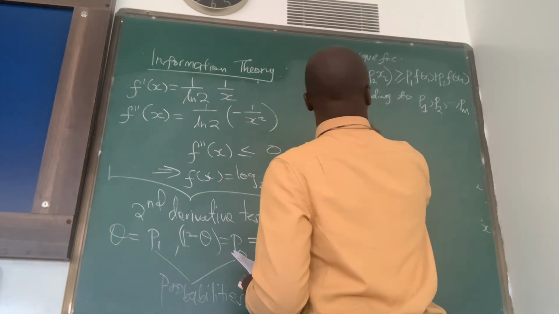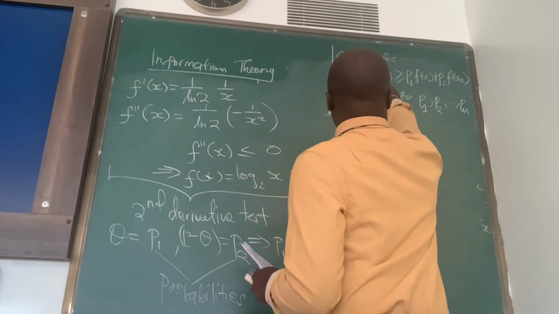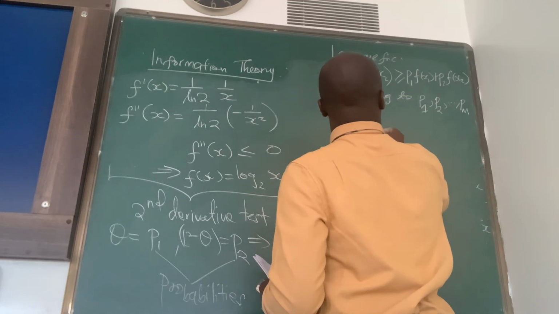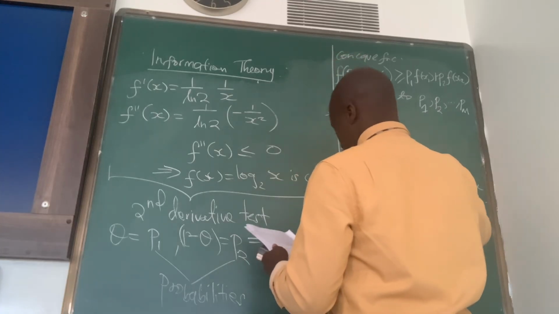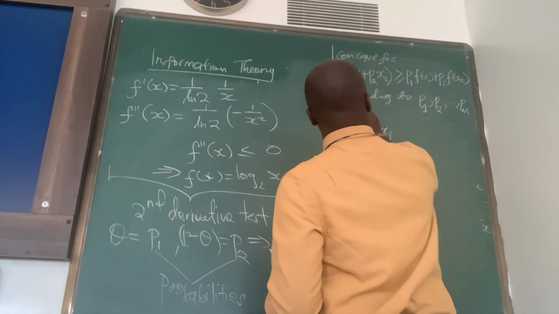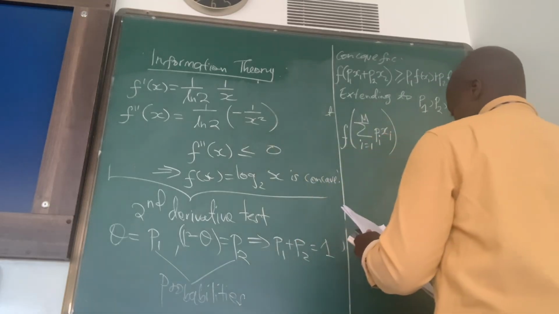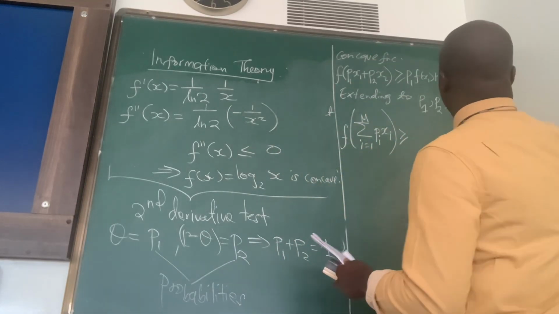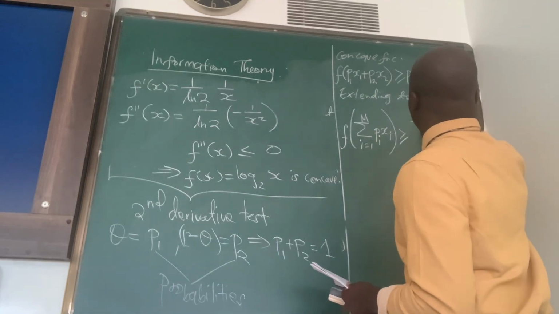then we can sum inside. You see here we are summing inside, so i equals 1 up to m of Pi xi. Okay? And then this should be greater than or equal to, then our summation now is outside.